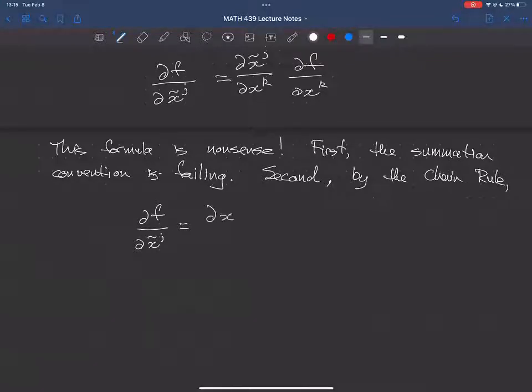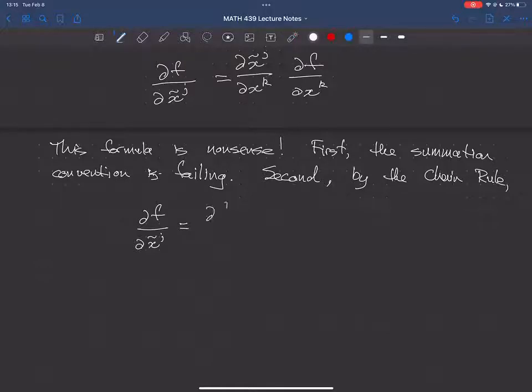It's going to be dx k by dx tilde j, df by dx k. Actually, sorry, let me write it the way you would write it. It's equivalent, but it looks more natural the first time you see it. If I want to differentiate f with respect to x tilde, I'm going to use the fact that f is a function of x, which is a function of x tilde, and I'm going to use the chain rule.